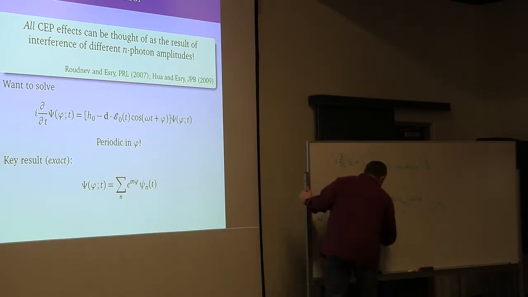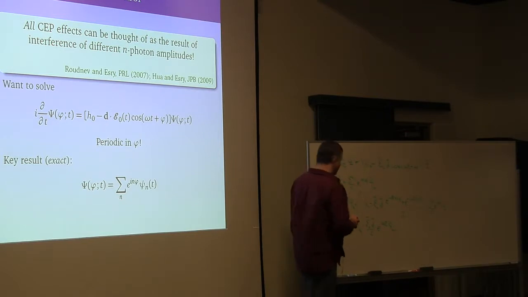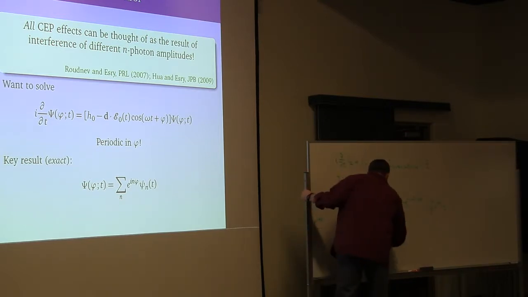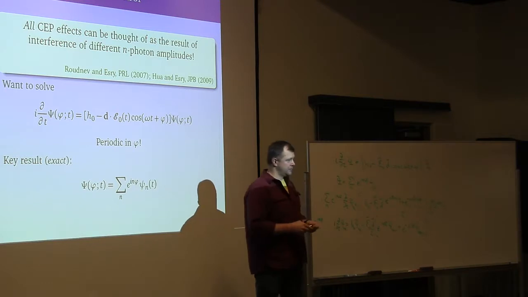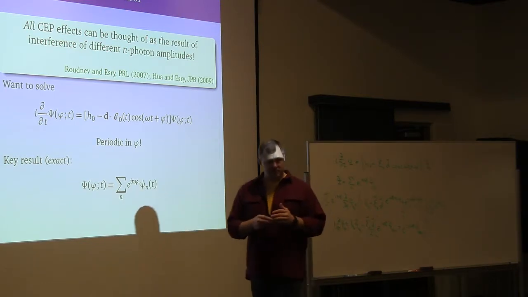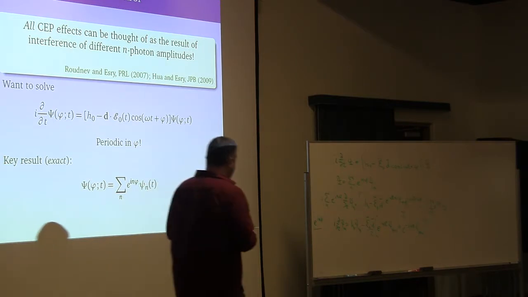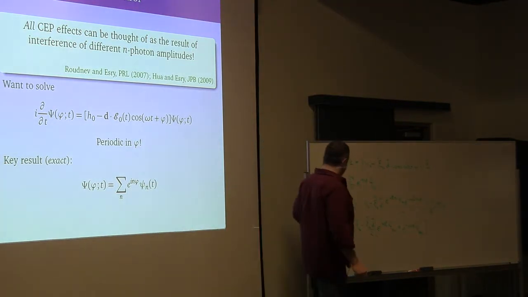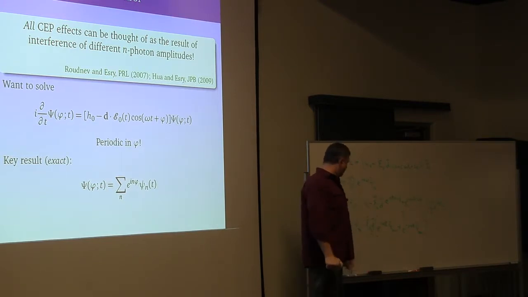So that means this is e to the i omega t psi m minus 1, right? Plus e to the minus i omega t psi m plus 1, doing the same on the other term. Okay? So that's it. That's the equation for these amplitudes. And this is the equation that we will use to understand the rest of this.